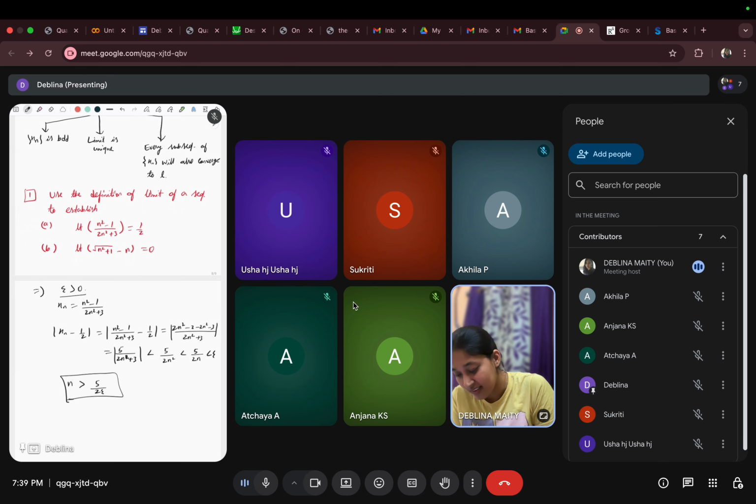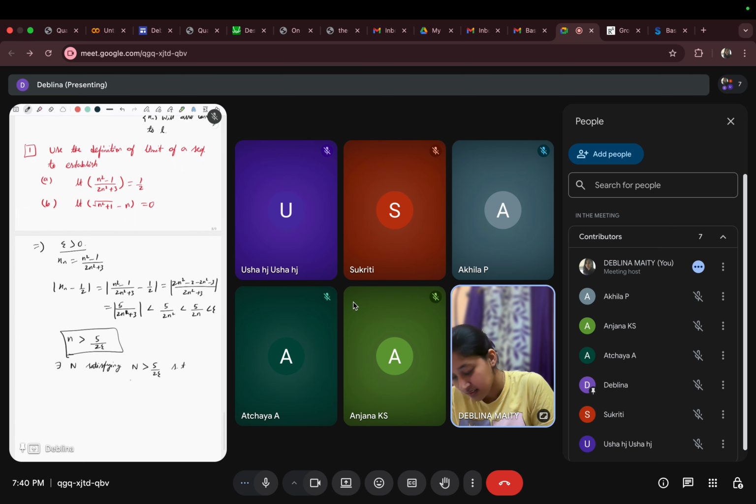So there exists N such that for all n greater than N, satisfying N greater than this 5 by 2 epsilon, after this N, for all n greater than N, this mod xn minus half is going to be less than epsilon, right?